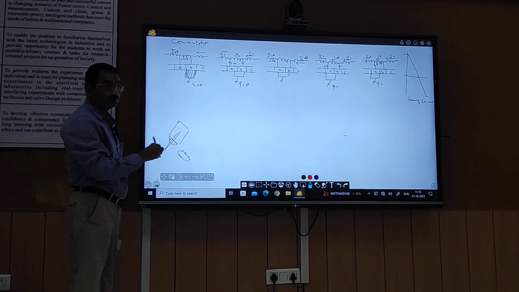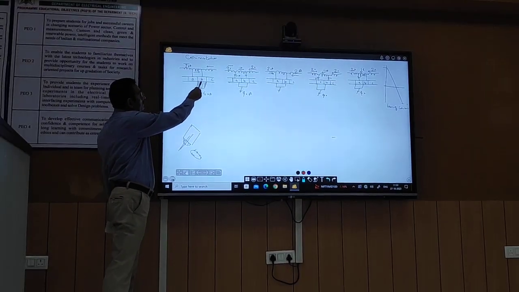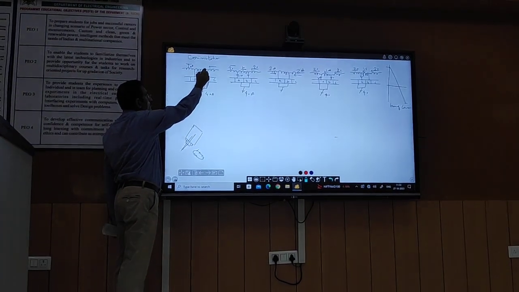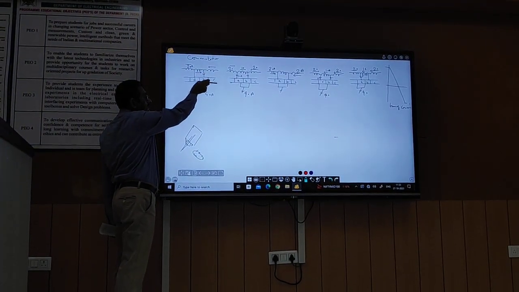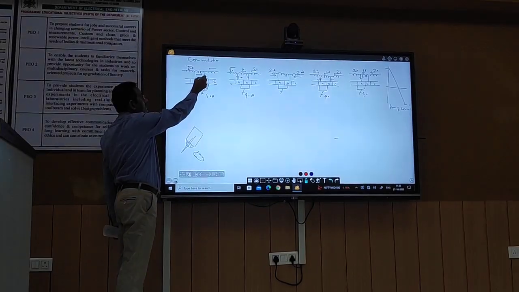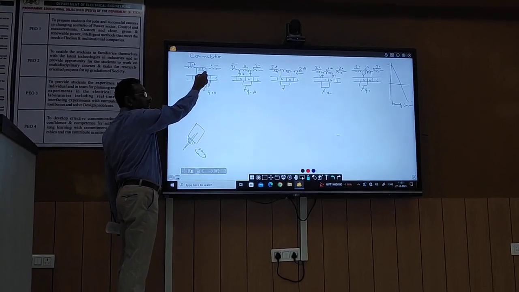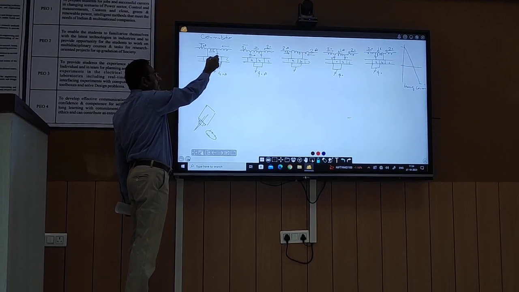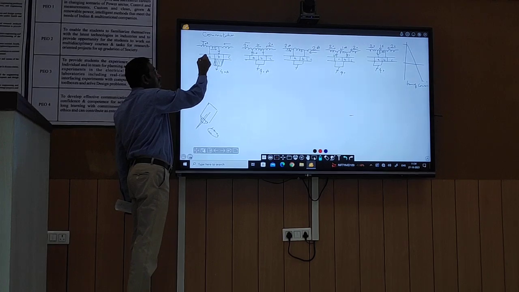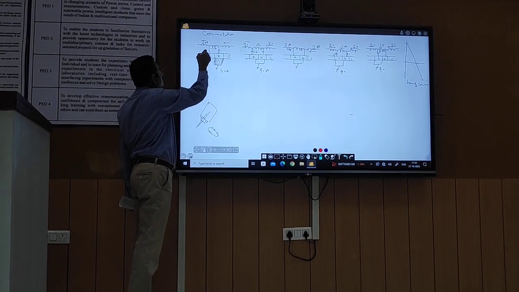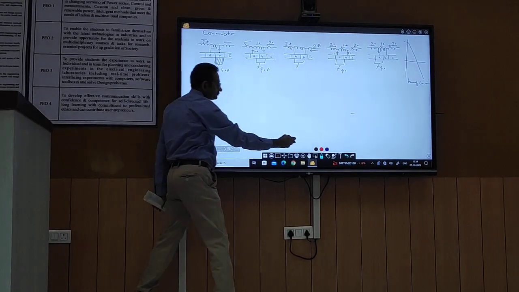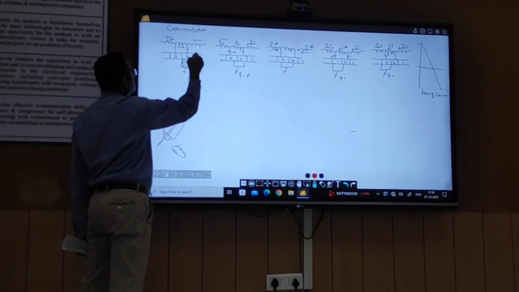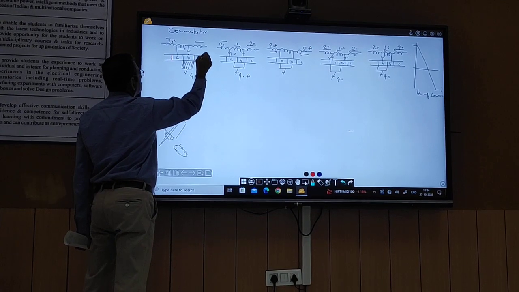Now you see, this is a commutator segment. 20 ampere is coming from this side, 20 ampere is coming from this side, so net 40 ampere current from this segment. This armature winding terminal is connected with this segment. This portion is insulated, here it is insulation, here like this it is insulation.